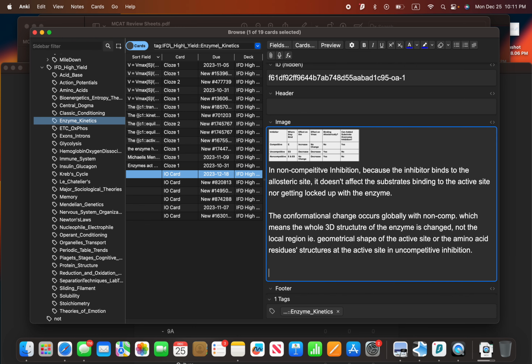Now we had here a few mnemonics. So first things first is the unread messages, which is uncompetitive, reduced Vmax, Km.